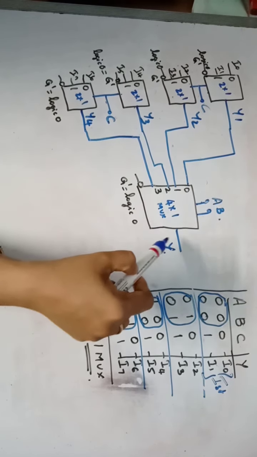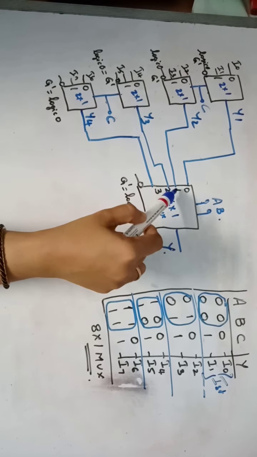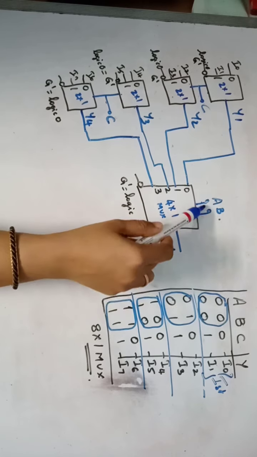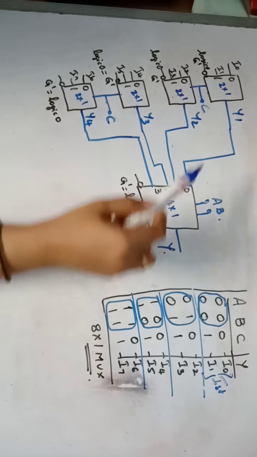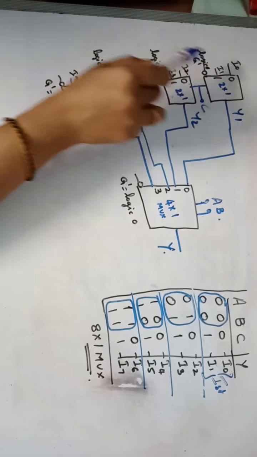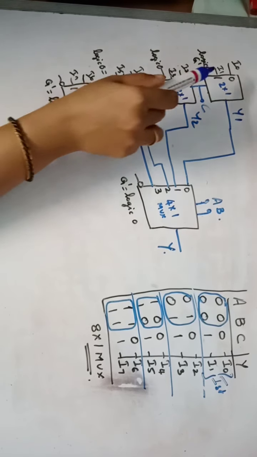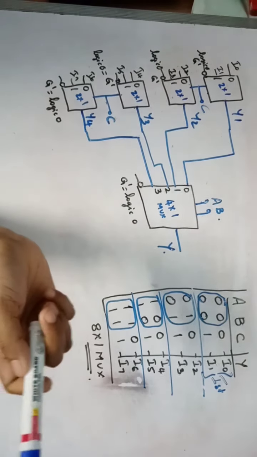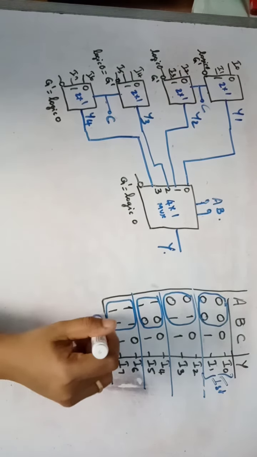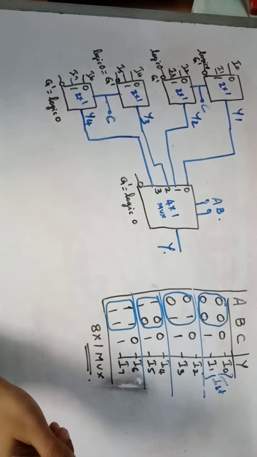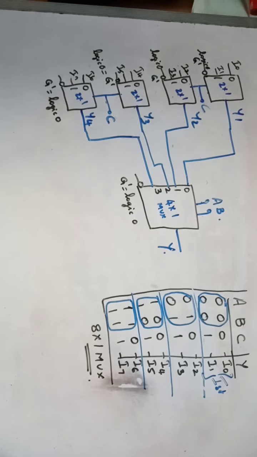Likewise, you can see 0, 1 means 1 is selected, 1, 0 means 2 is selected, 1, 1 means 3 is selected. Likewise, if C is 0, I0, I2, I4, I6 is selected, 1 means I1, I3, I5 and I7 is selected. So this particular truth table is solved.